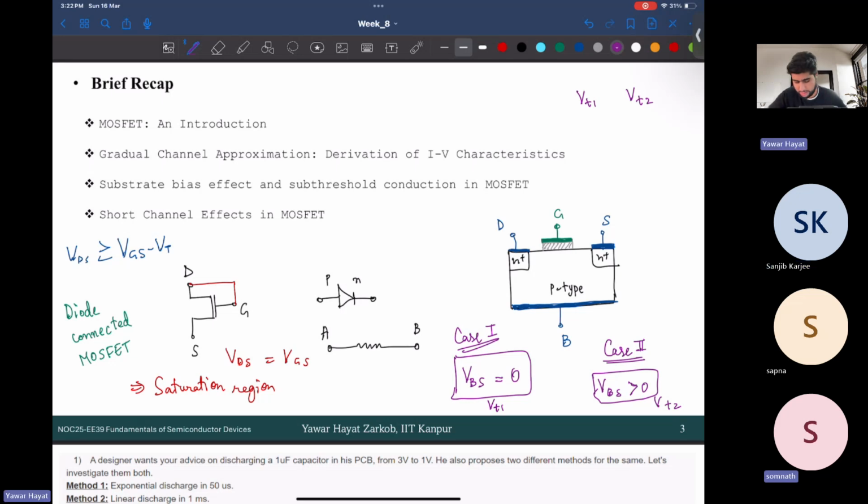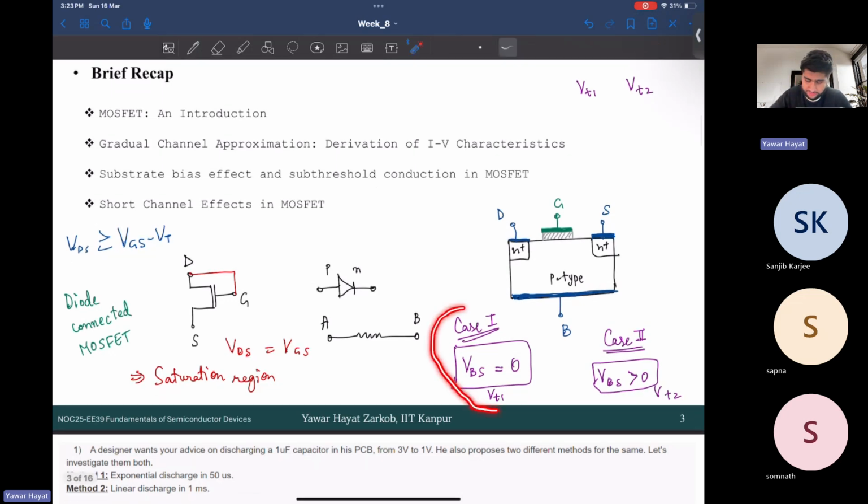I'll repeat the question. So we have two cases. Case one is without substrate bias, and in that case your VBS is equal to 0.